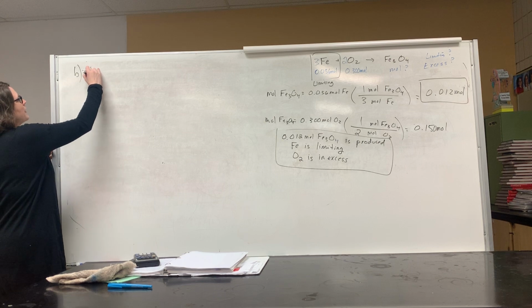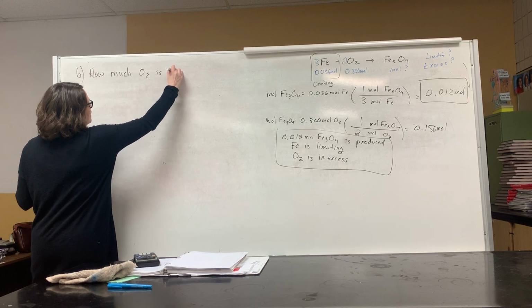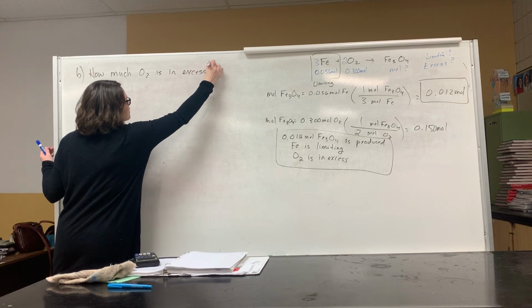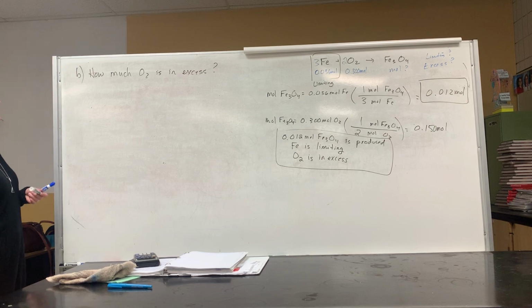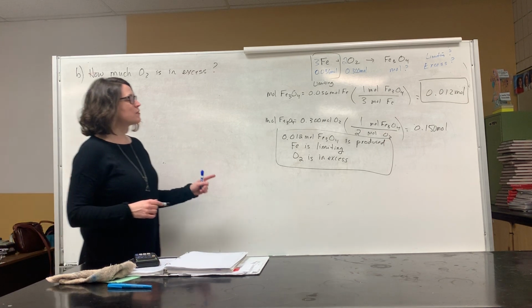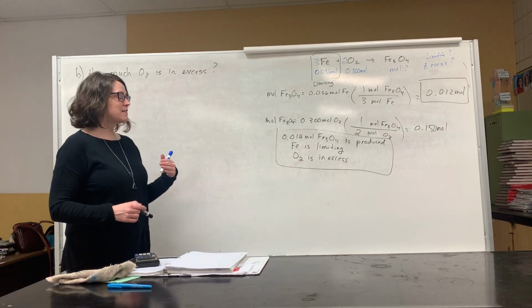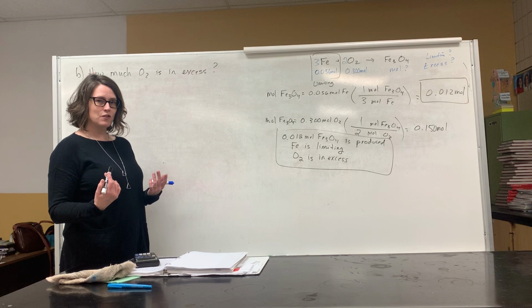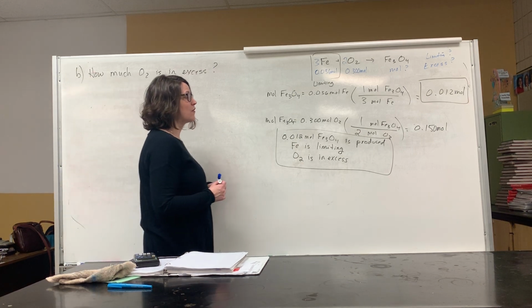So part B, I'm going to say how much O2 is in excess. So this is the same as the slices of meat where we said we used 15, so we had 30 slices in excess. Same principle here. You're going to use a certain amount of moles of oxygen, and the rest of it is going to be in excess. How do you know how many moles of oxygen you used? Yeah, you're going to have to use dimensional analysis to solve that.